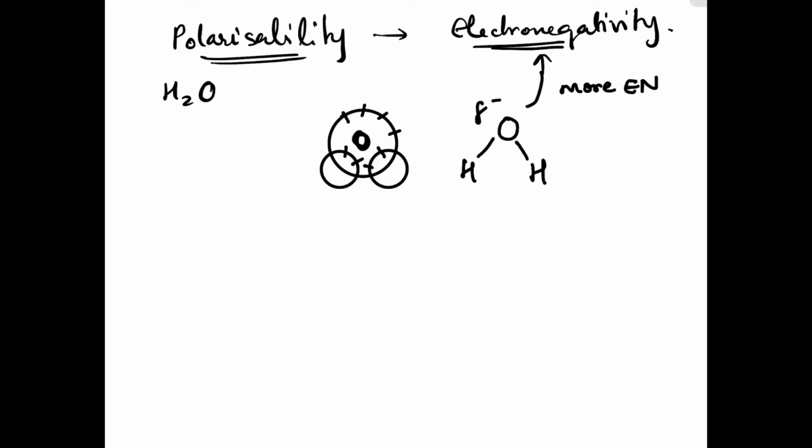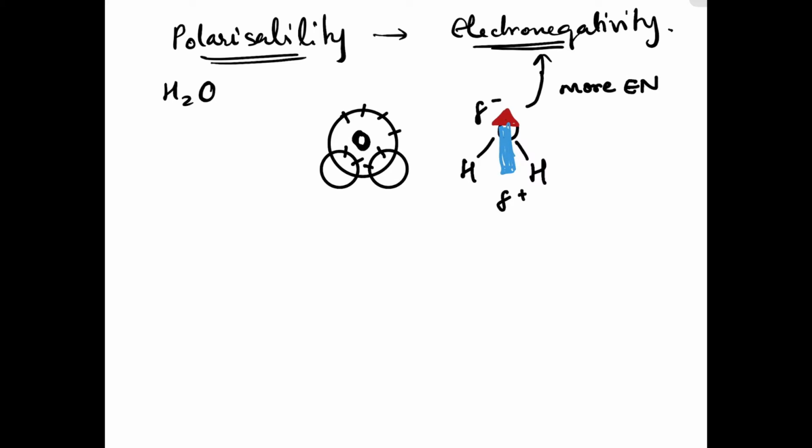Because of that, the hydrogen side has a partial positive charge, and you see that the molecule becomes polar with a negative side and a positive side, right?